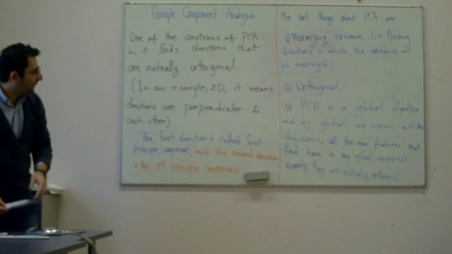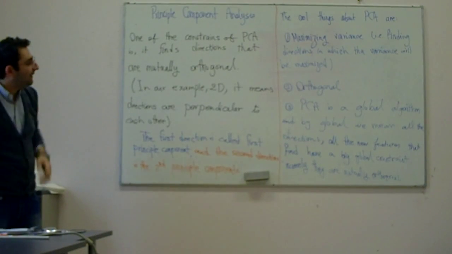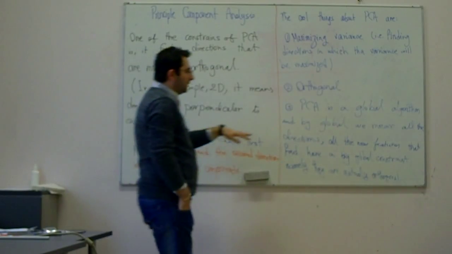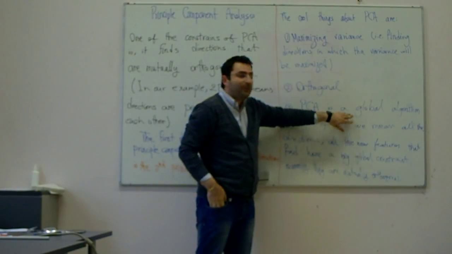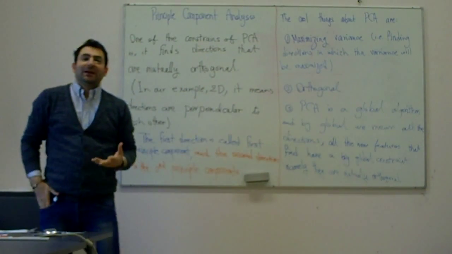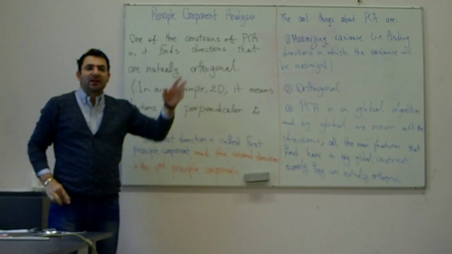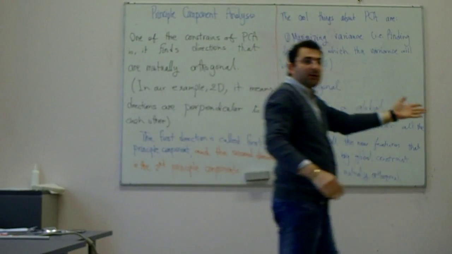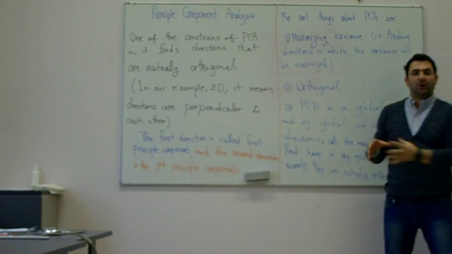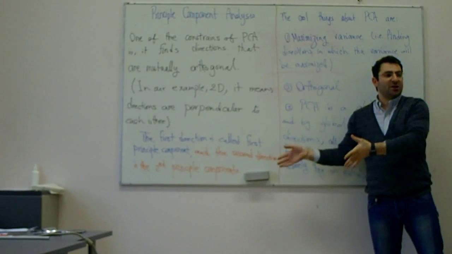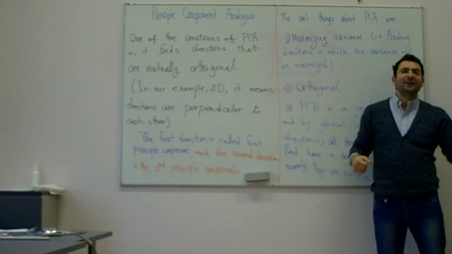I'm sorry, how do 2 and 3 differ? What is the meaning? Now, when it is a global algorithm, it means that we can generalize it. It's not only valid for this case that we are drawing, not only valid for, let's say, facial images. It's valid for any type of data that you have.